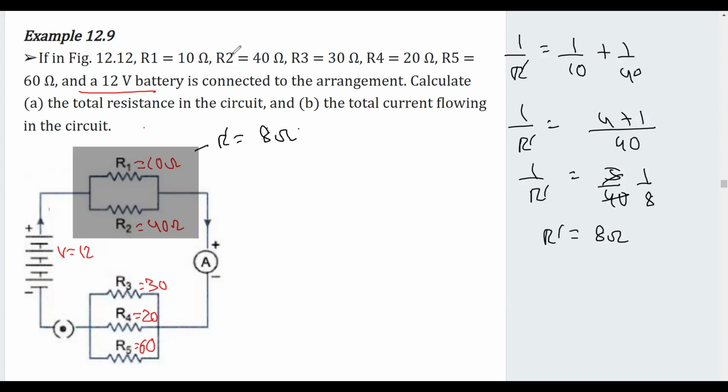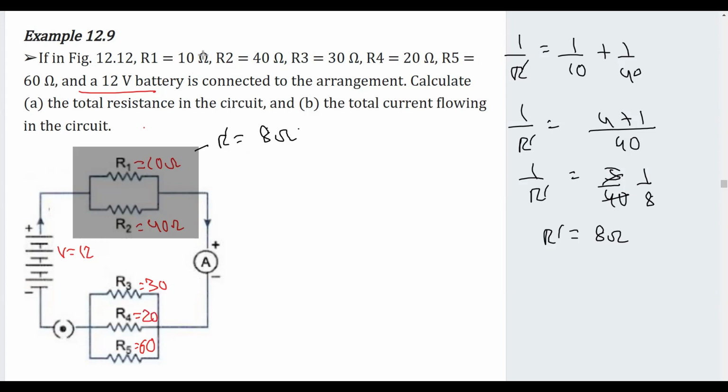Now check the other 3 resistors here. Again, these 3 resistors are connected in parallel. We can use the same concept here. If you put your finger over or wipe out any one of them, you can figure out that the current continues to flow in the other 2 resistors, that is R4 and R5. Similarly, if I cover this, I can see that current flows in R3 and R5.